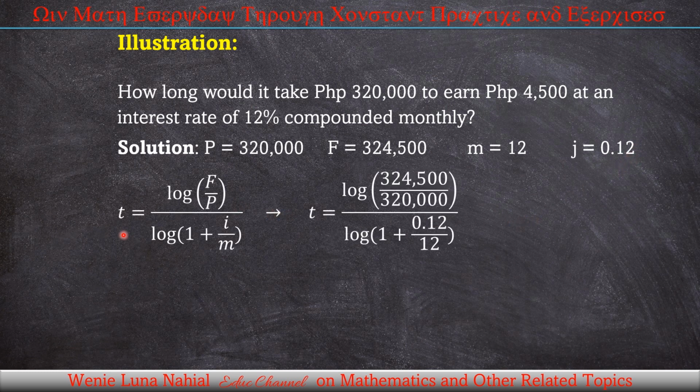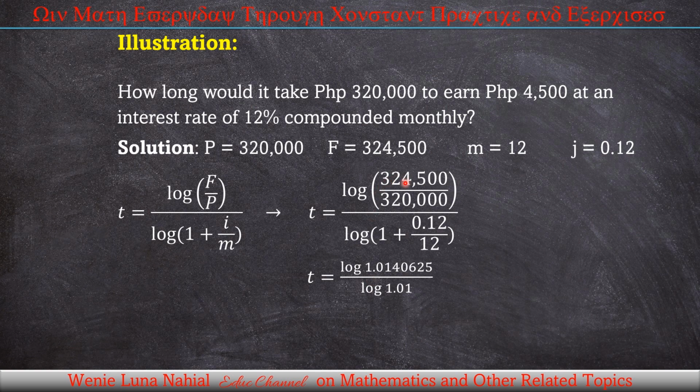Now using the formula, t equals the logarithm of the compound or the future amount, 324,500 divided by 320,000, this one. Then we replace i by 0.12. That is the nominal rate, but we have to divide that one by the number of conversion periods in a year, which is 12 because compounded monthly.